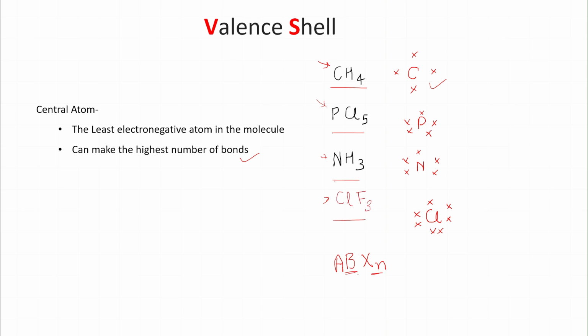Once we have this picture of the valence shell, we can go ahead and count how many electron pairs. We will be taking the same examples for the sake of simplicity. So that's what we did last time.